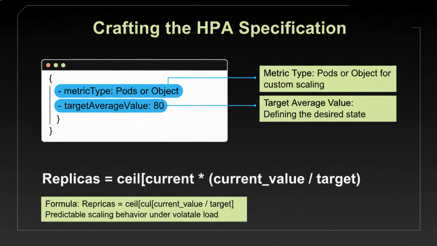The HPA controller will then periodically calculate the required replica count using the formula desired replicas equals the ceiling of current replicas multiplied by the ratio of current metric value to target metric value. This mathematical approach ensures predictable scaling behavior even under volatile load conditions.